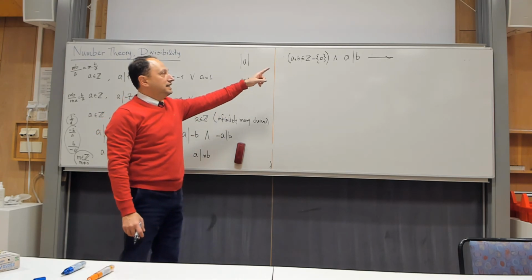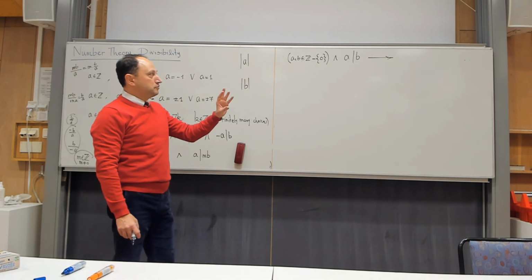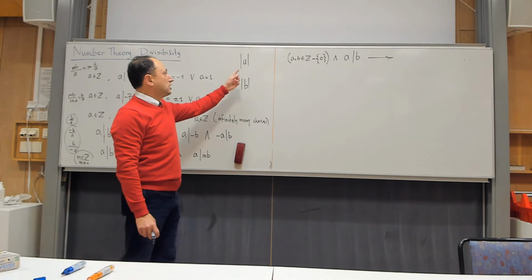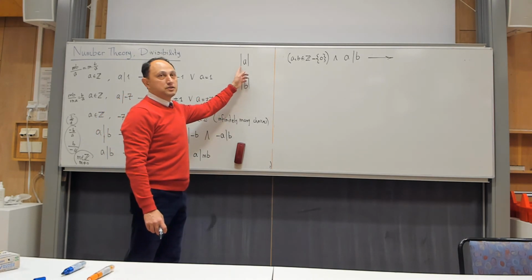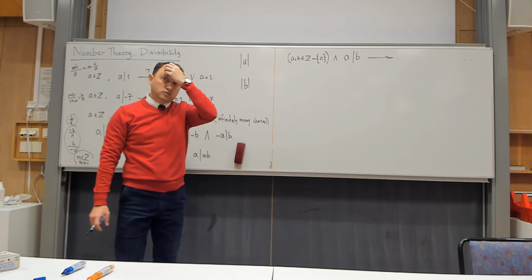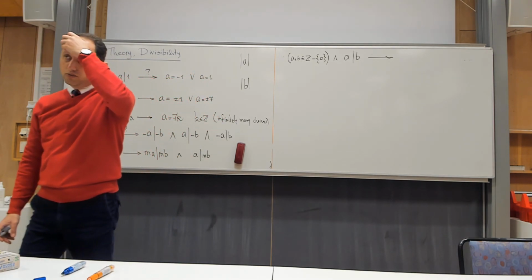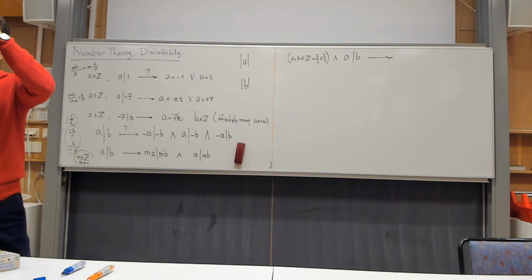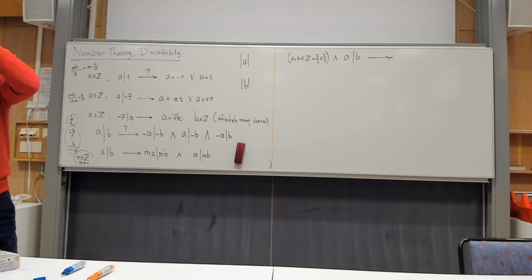If I know that a divides b, in other words, if b is divisible by a, and I want to compare the size of absolute value of a and the size of absolute value of b, do you think there is a nice relation between them, or is it random? I mean, can you conclude the absolute values are equal? Can you conclude the absolute value of a is smaller, or the other way around?